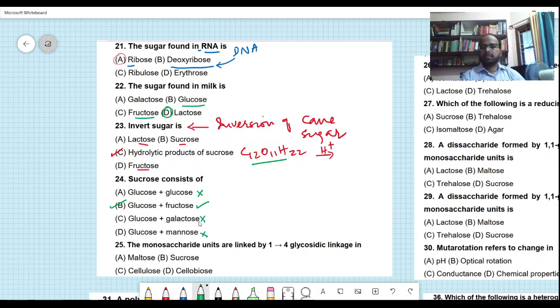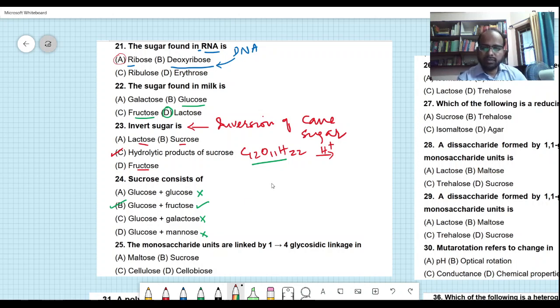Okay. Then the next question: the monosaccharide units are linked by 1,4 linkage, the glycosidic linkage, in A. Maltose, B. Sucrose, C. Cellulose, D. Cellobiose. Can you recall that?